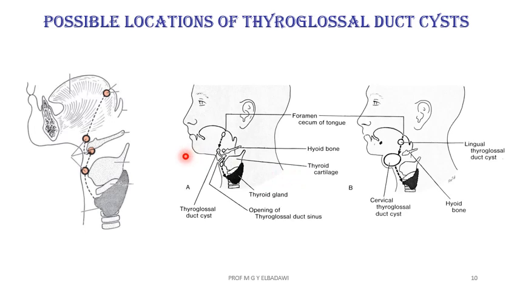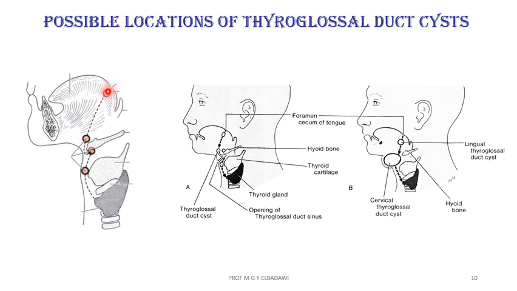These occur as a result of the thyroglossal duct. This is what we call the thyroglossal cysts. At the most upper end of the thyroglossal duct, between the anterior 2/3 and posterior 1/3, this will be the site of the foramen cecum.